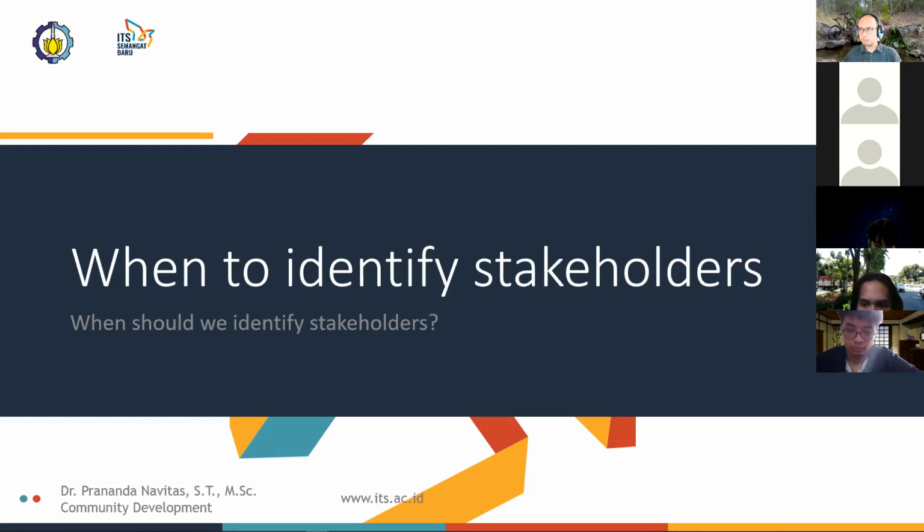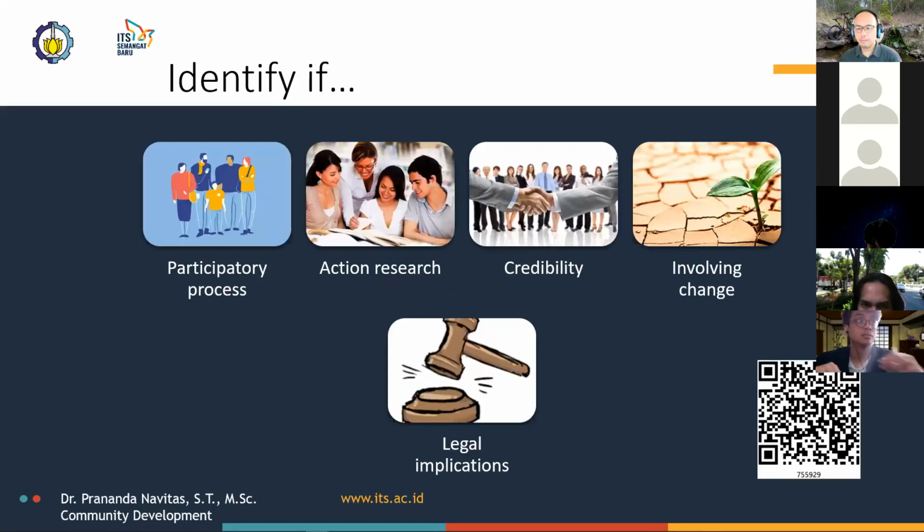It's generally the fairest course you can take, and the one that is most likely to keep your effort out of trouble. So you should identify your stakeholders if you want to involve stakeholders in a participatory process.